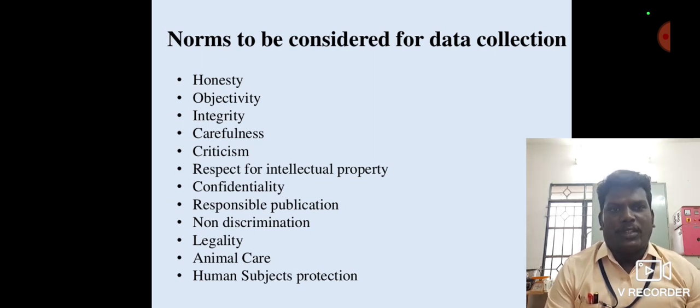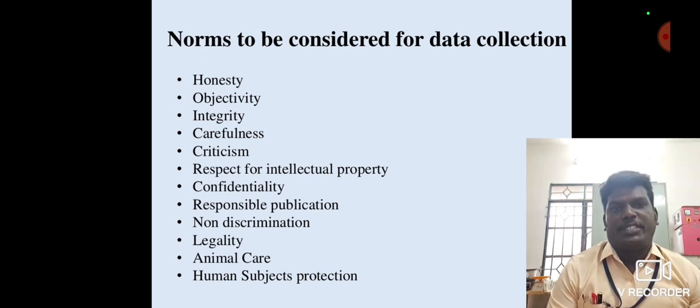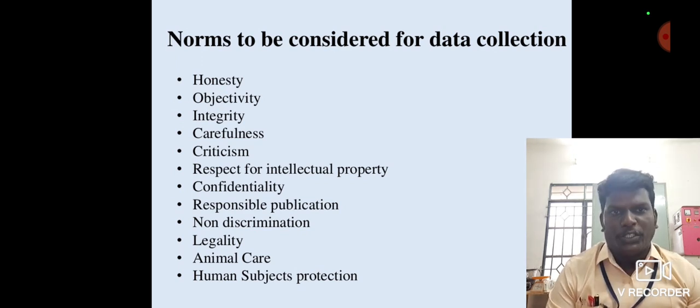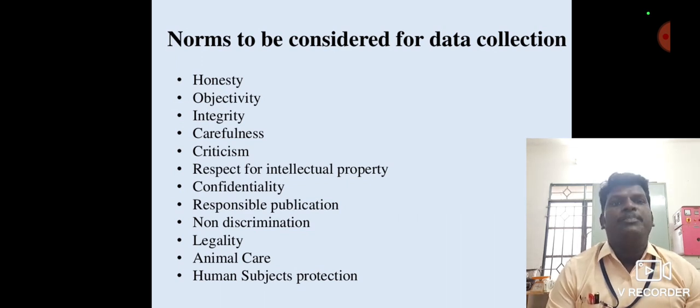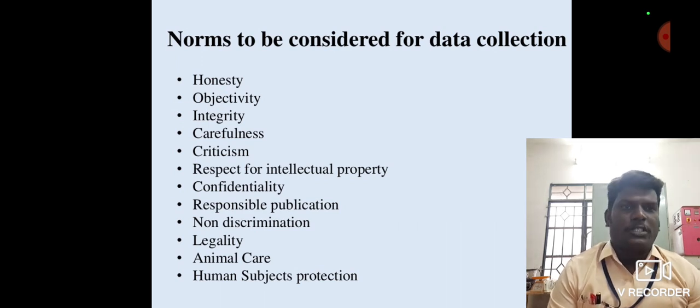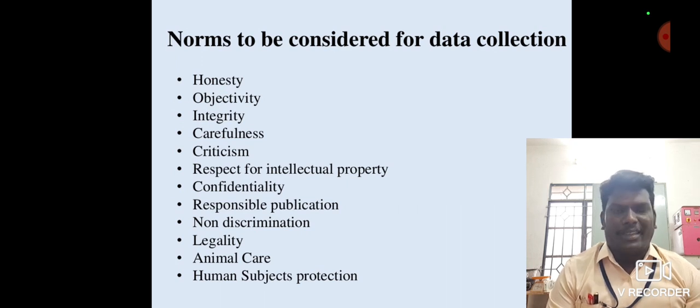After that criticism, there are respect for intellectual property, confidentiality, responsible publication, and non-discrimination. Non-discrimination is very important, and legality, animal care, and finally human subject protection. These are very important norms to be considered for data collection.